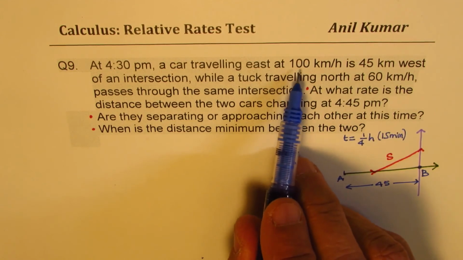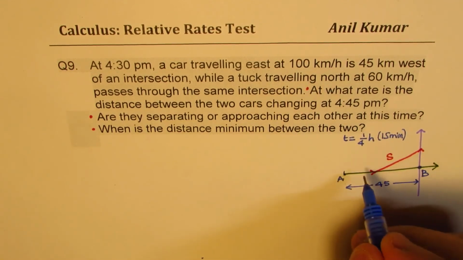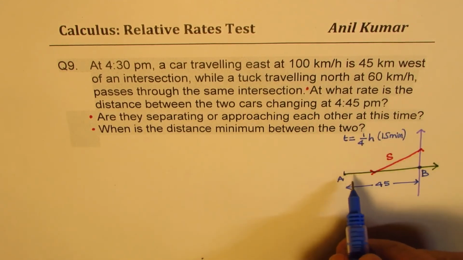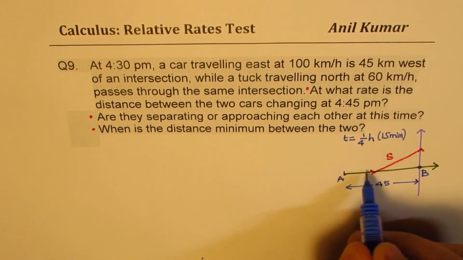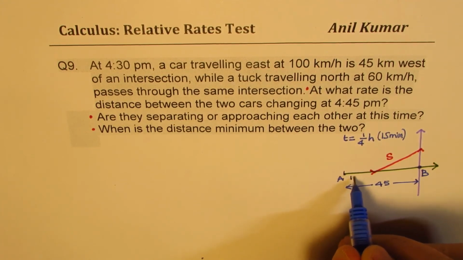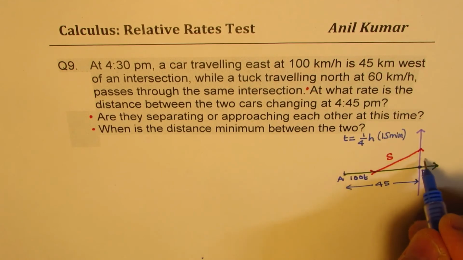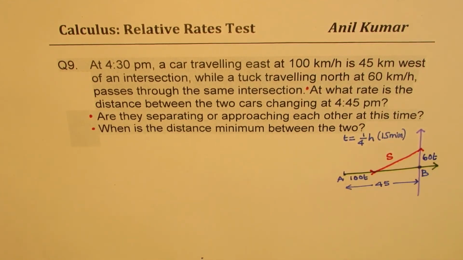During this time, the car, which is moving at the rate of 100 kilometers per hour, will cover how much distance? 1/4 of 100, right? So the distance covered will be 100 times t, and the distance covered by the truck will be 60 times t, since that is the speed of the truck traveling north. Correct?